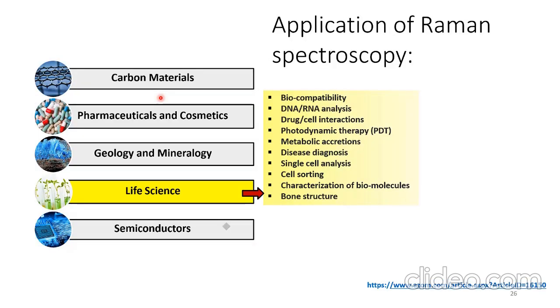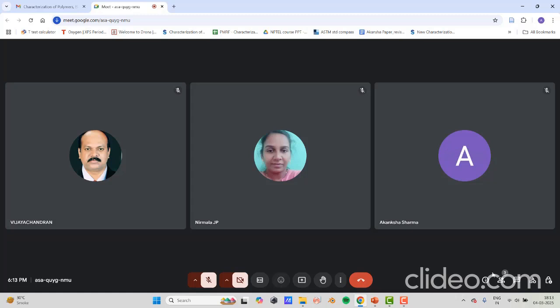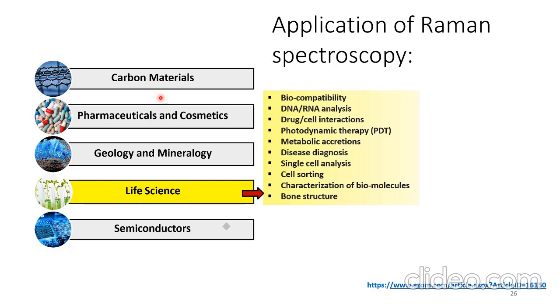Then, in biological samples, like if you want to check for biocompatibility, proteins, bacteria samples, DNA, RNA, etc., those can be checked with Raman because we do not need any high temperature conditions for this.